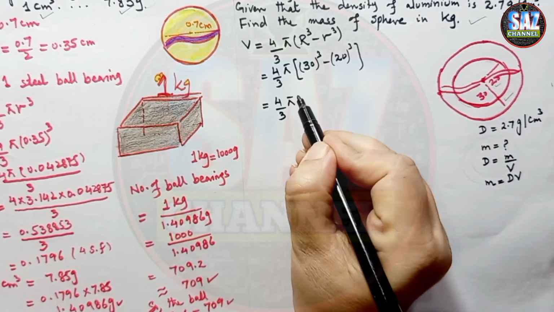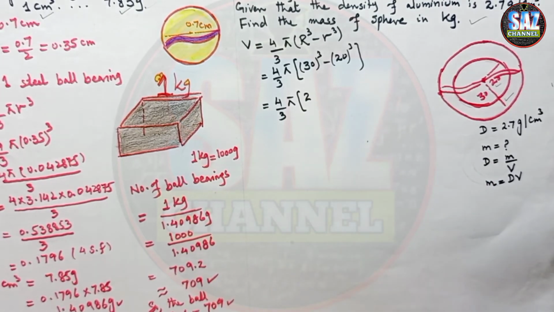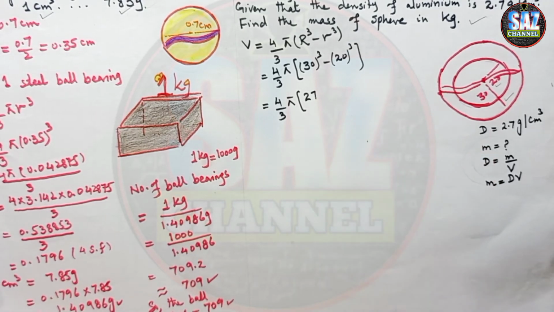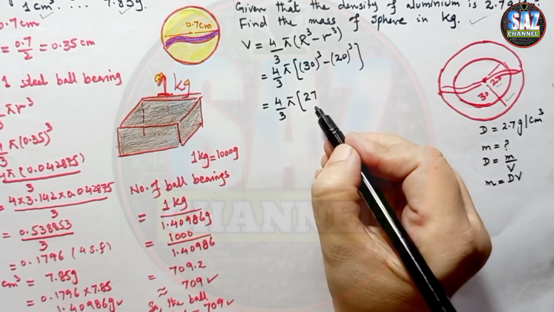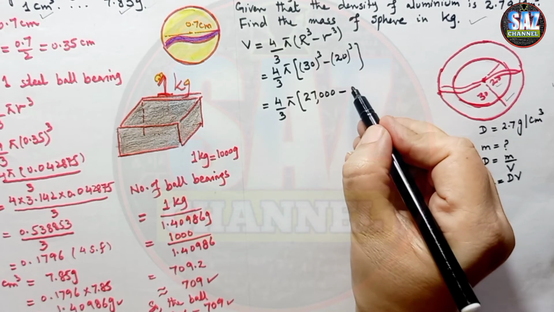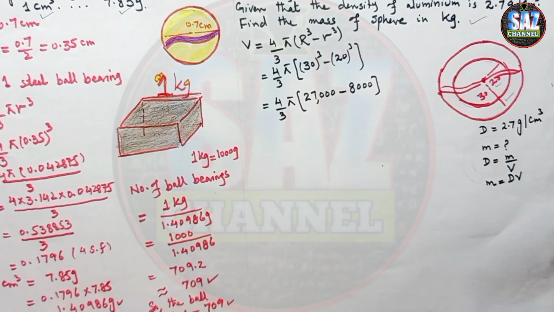4 by 3 into pi, 3 cube is 27, and we have to increase the zeros according to the power. 30 multiplied by 30 multiplied by 30 is 27,000. 27,000 minus 2 cube is 8, so 8,000, and then I have to take away 8,000.